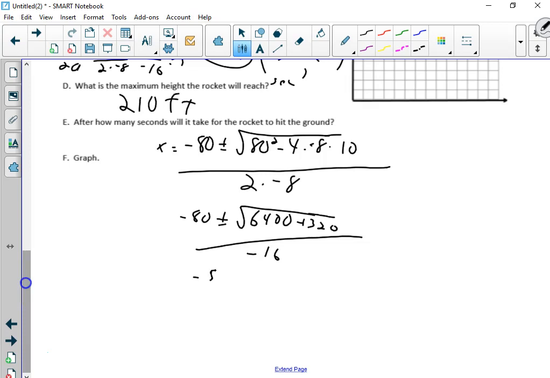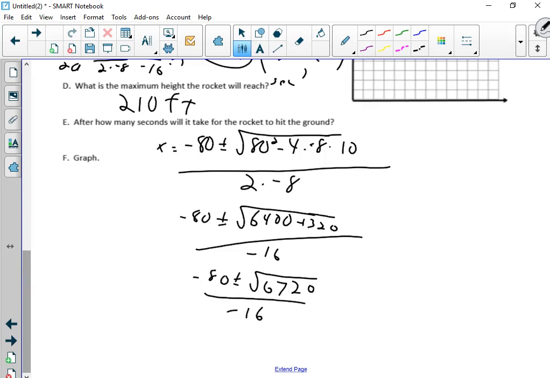So, negative 80 plus or minus the square root of 6,400 plus 320, which is 6720. Now we take our calculator and see if that's a perfect square. 6720. It is not. All over negative 16.